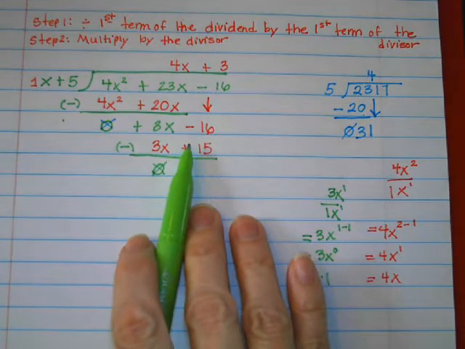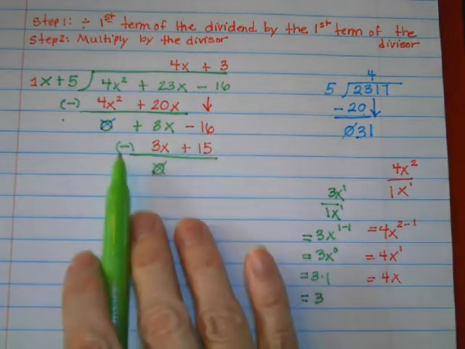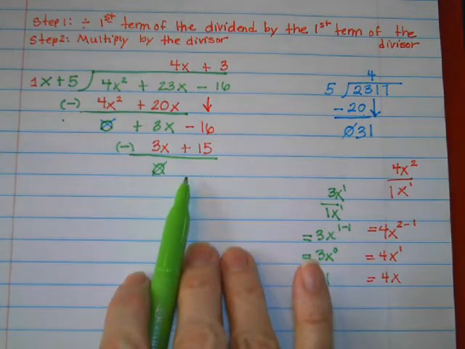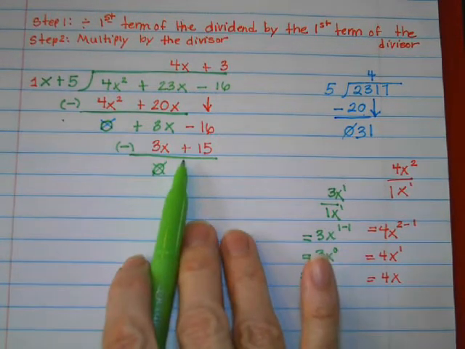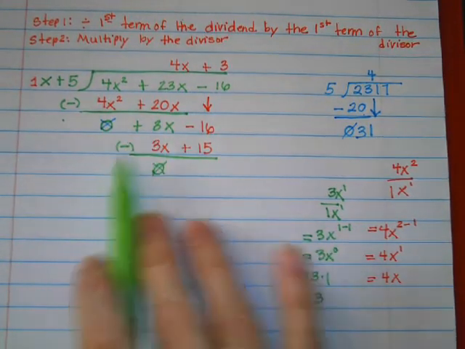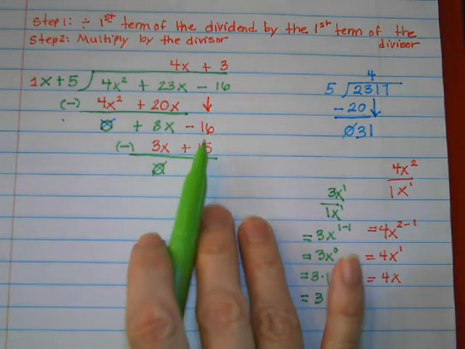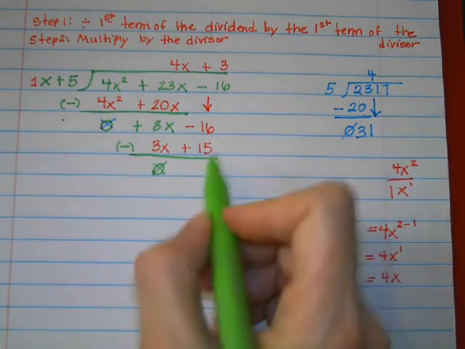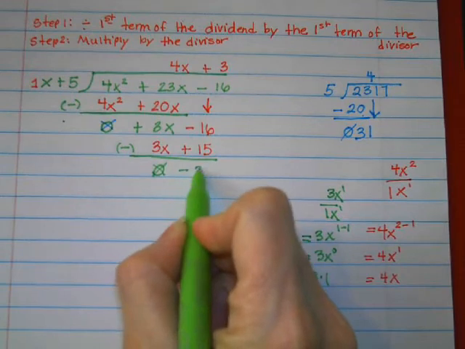So this is where it gets important that you pay attention that we are subtracting each column. This is not negative 16 plus 15. It is negative 16 minus 15 more. So it's like negative 16, take away 15 more, which makes this a negative 31.